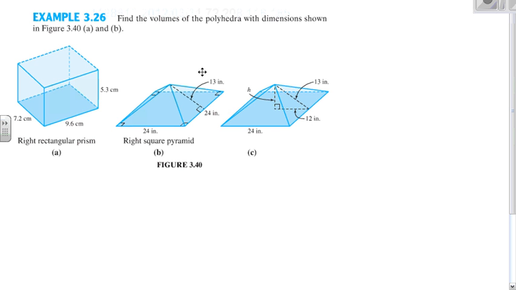So our first example here, we're going to find the volume of the right rectangular prism, which is length times width times height. So 7.2 times 9.6 times 5.3.